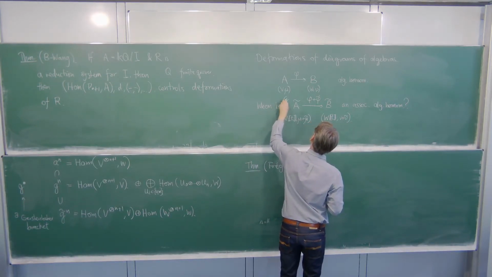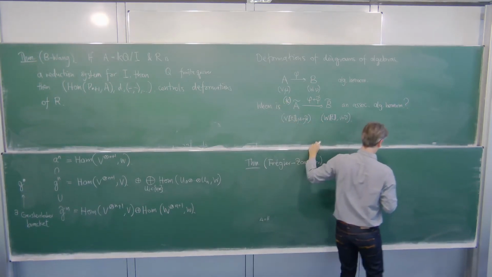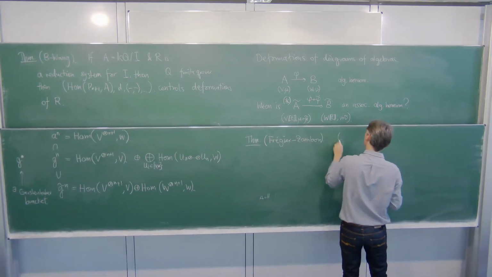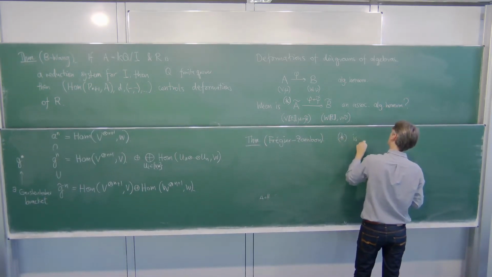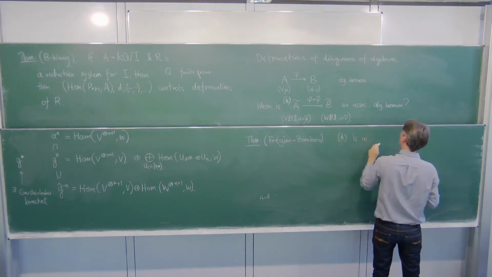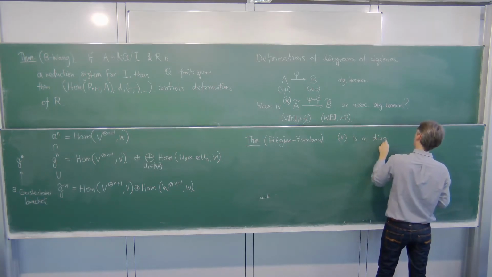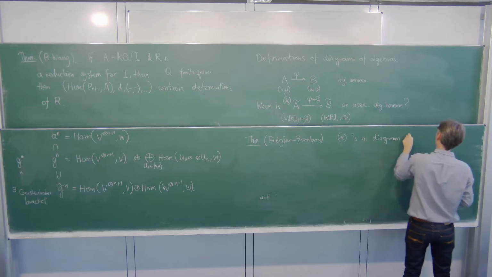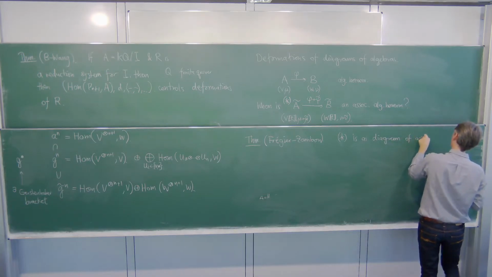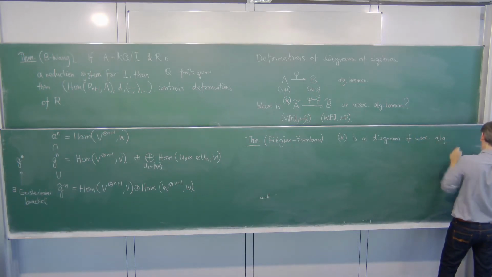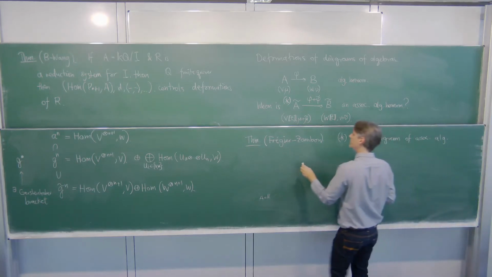this diagram here, so this deformation star is a diagram of associative algebras, if and only if.